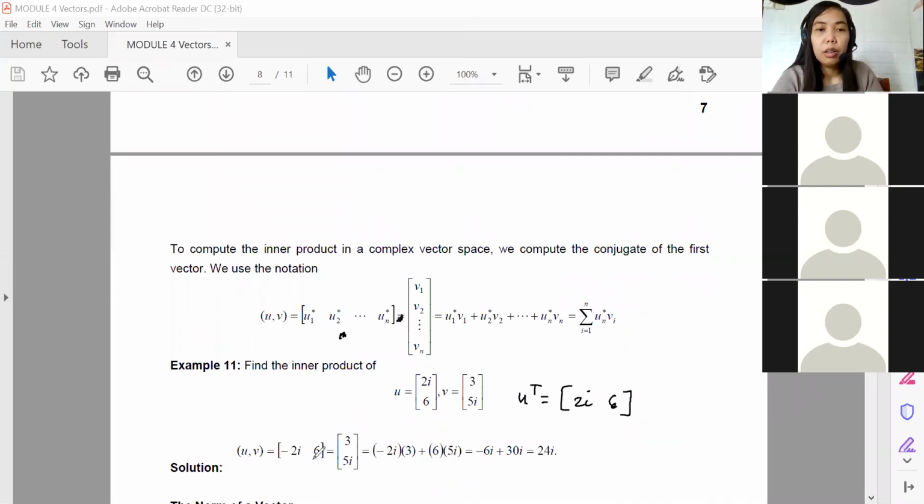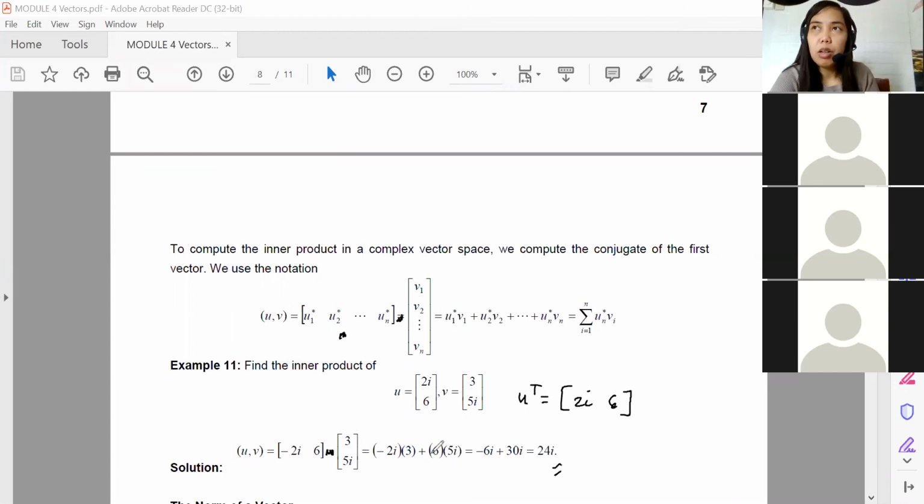And then multiply it by the v. -2i times 3, it's -6i. 6 times 5i, that is equal to 30i. So simplify, -6i plus 30i, the answer is 24i. Since they are similar terms, we can combine them. The answer is 24i. Okay?